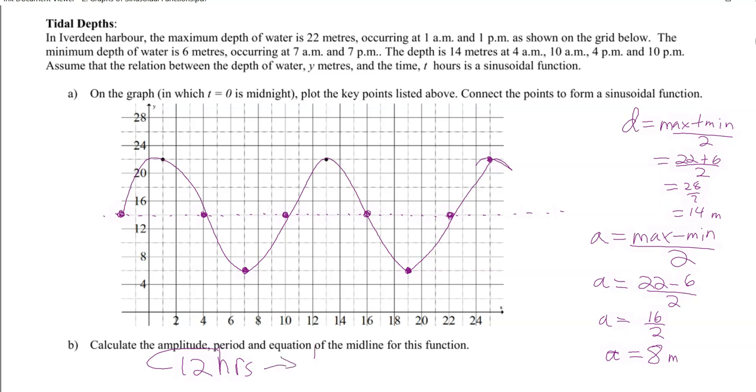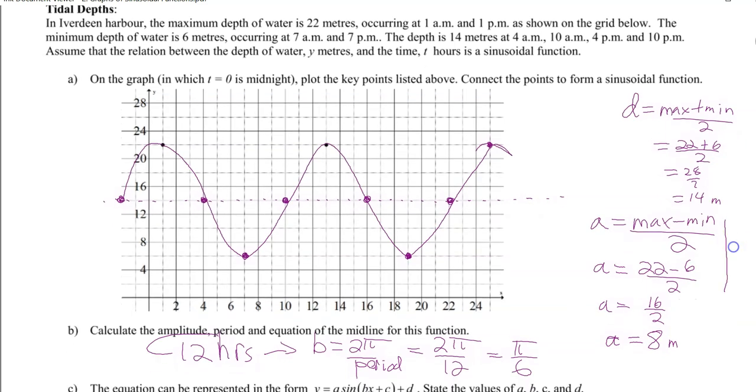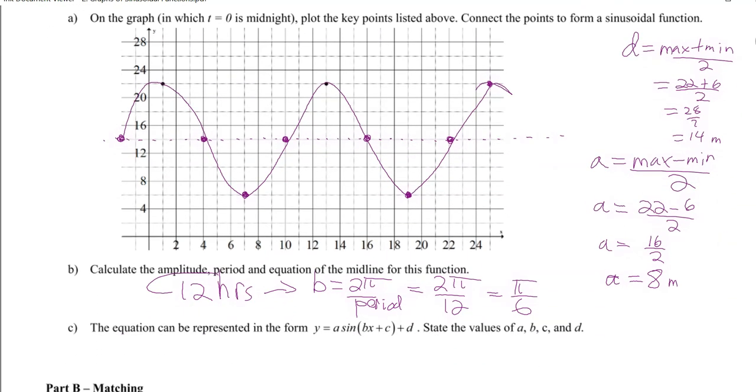Instead, B is equal to 2 pi over the period, which is going to be 2 pi over 12. And if we simplify that, it'll be pi divided by 6. So you may get the B value as a number, right? When we do regressions, we're just going to get the B value as a value, probably rounded to 2 decimal places. Here, we've got it as an exact value.